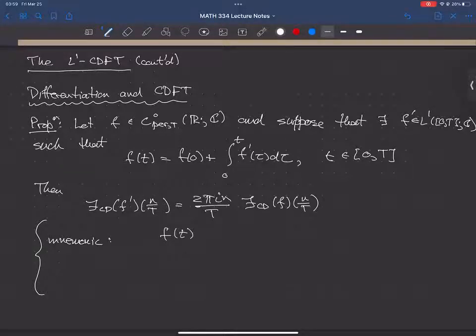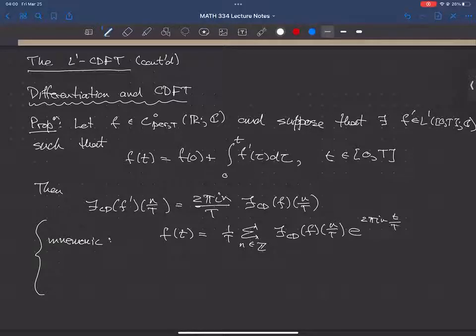The idea was that we wrote f as an infinite linear combination of harmonics where the coefficients were the CDFT values, and that's why it kind of doesn't make sense generally.